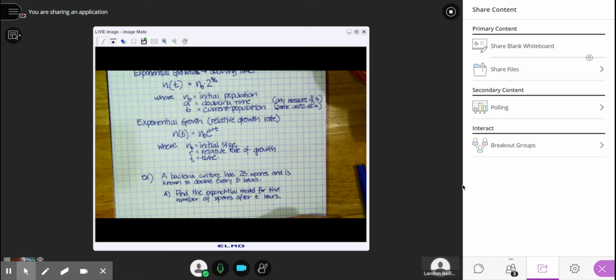Then estimate the number of bacteria after 18 hours.